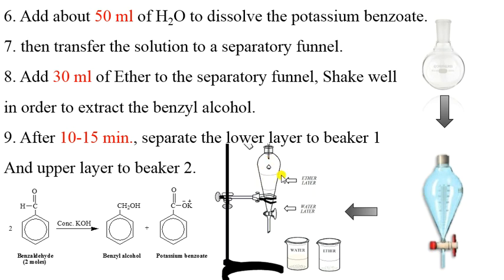To the separatory funnel, add 30 ml of ether and shake well to extract the organic materials. So the salts will dissolve in water and the organic compounds will dissolve in ether.